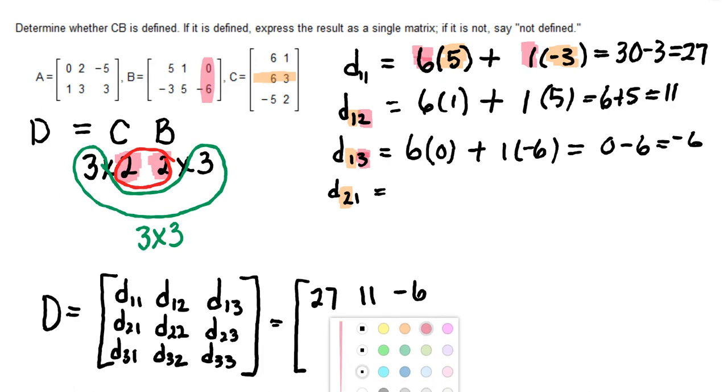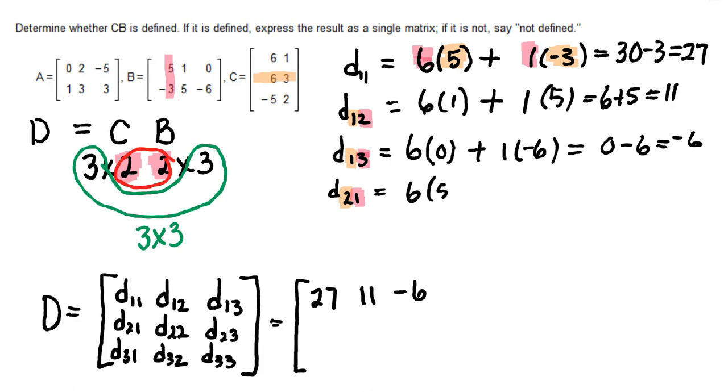And column 1 of matrix B. So that would give me 6 times 5 plus 3 times negative 3. That's 30 minus 9, which is 21.